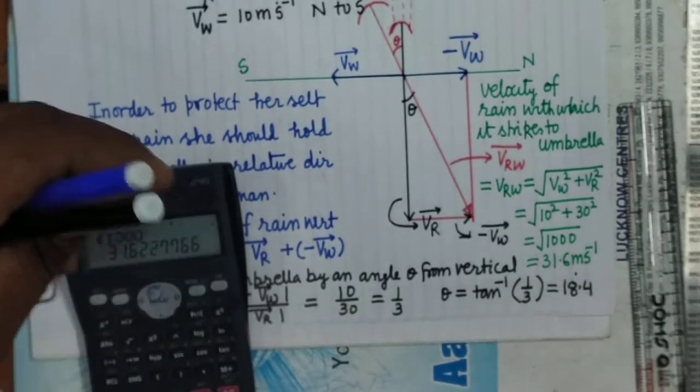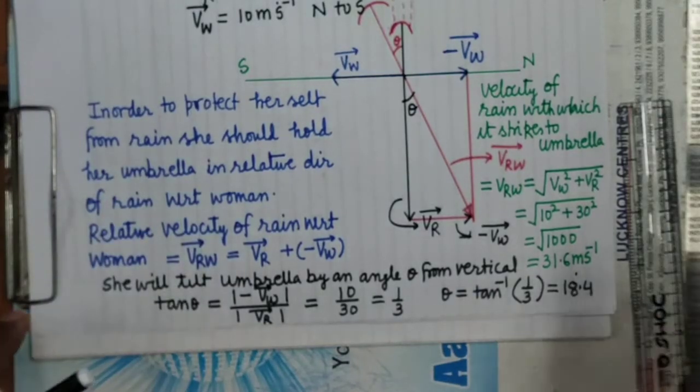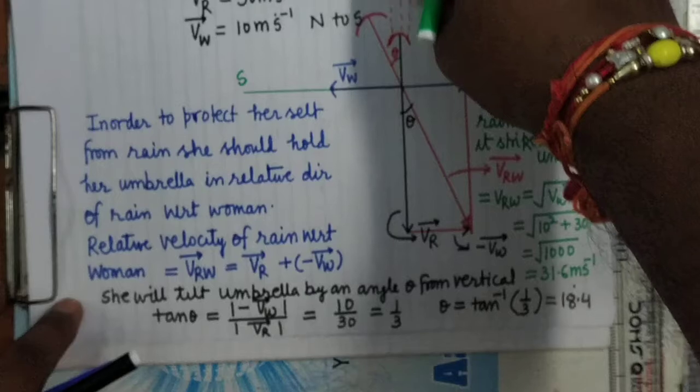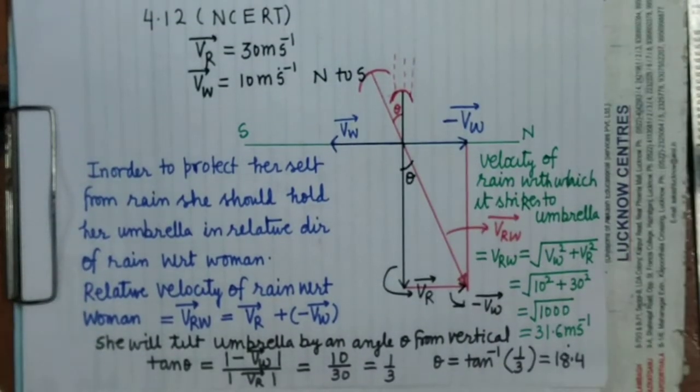This is the velocity. This is numerical problem 4.12 in your NCERT book. So this way you will do it.